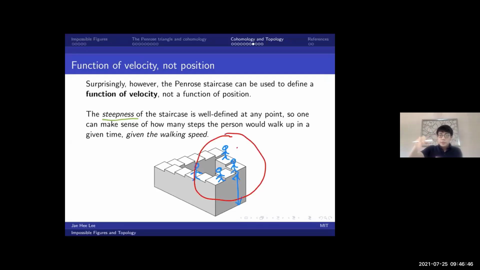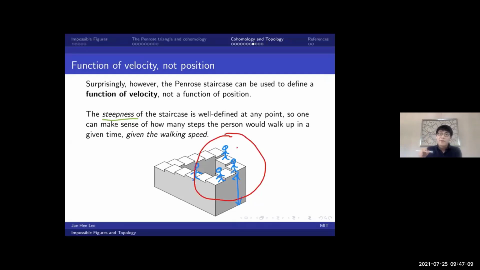So I'll just say that once more. You cannot say how high you are from the ground given your position on the staircase, because that's just not well defined. You can still define how high you're going to rise instantaneously, given your speed.